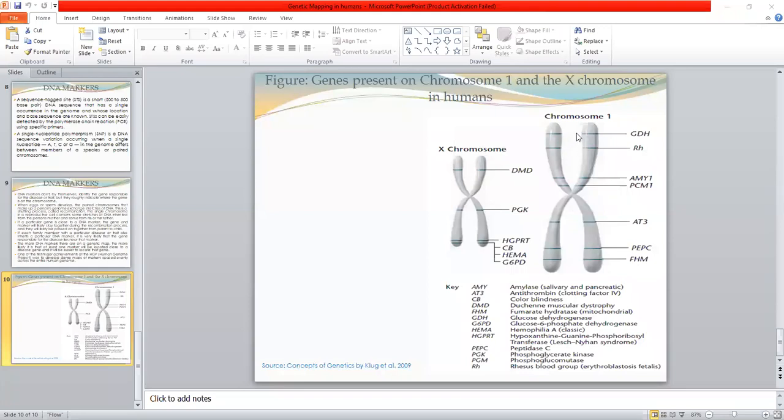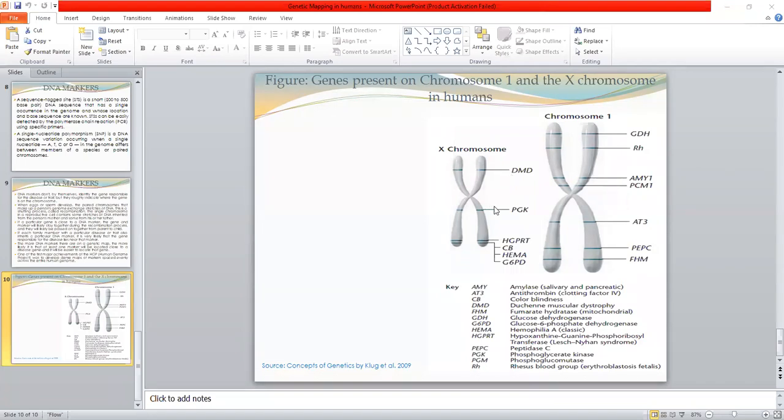The next gene is FH, fumarate hydratase. So these are the different genes present on chromosome 1 in human beings, identified by the use of genetic mapping. Similarly, on the X chromosome, there is the DMD gene, Duchenne muscular dystrophy. This gene is responsible for progressive muscle degeneration.